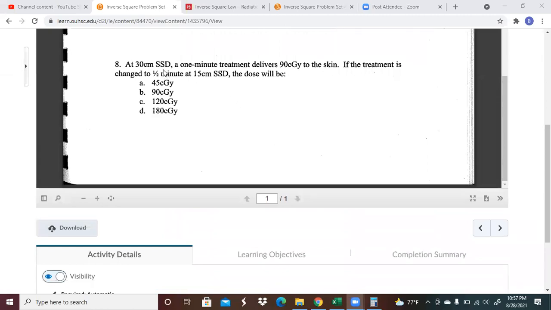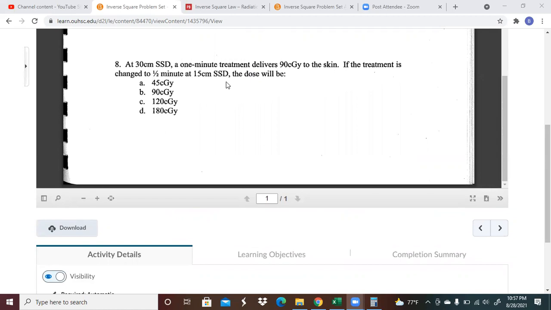And then finally here, at 30 cm SSD, a 1-minute treatment delivers 90 centigray to the skin. If the treatment is changed to 1/2 a minute at 15 cm SSD, what's the dose going to end up being?